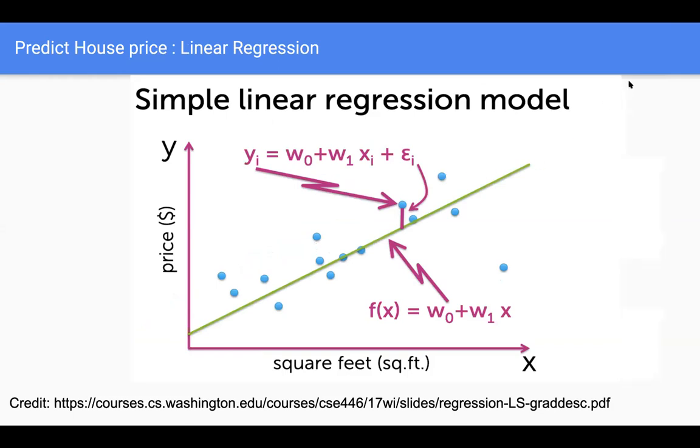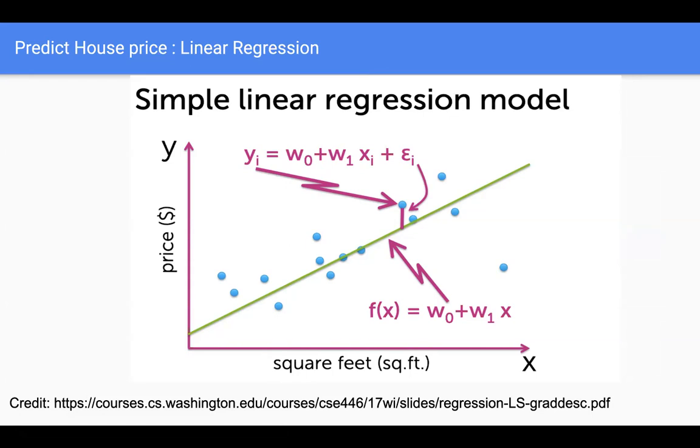So in a linear regression model, the green line that you see over here is like a relationship of yi with respect to the input, which is the square feet. If we draw a green line, then we can estimate what the value of y would be if we insert the corresponding values of x.